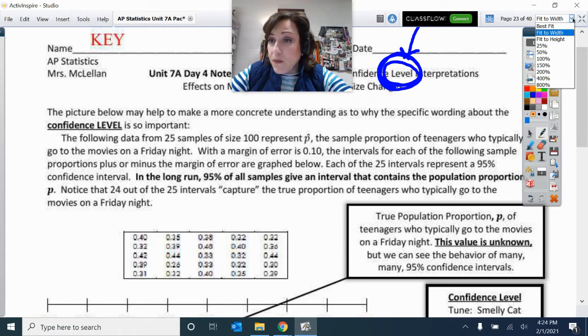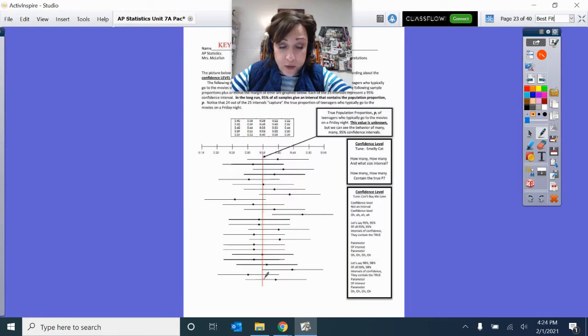If I zoom out here and show you all of these intervals, this red line is unknown to us. But all of these other 25 intervals were made. If you examine them carefully, all of them except for this one right here contain and captured the true population p.